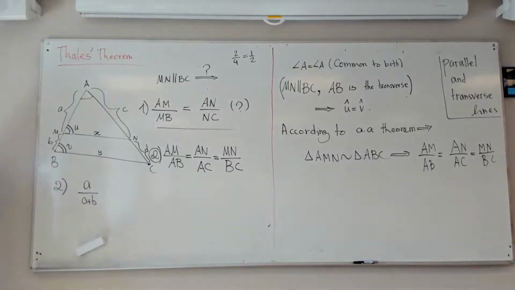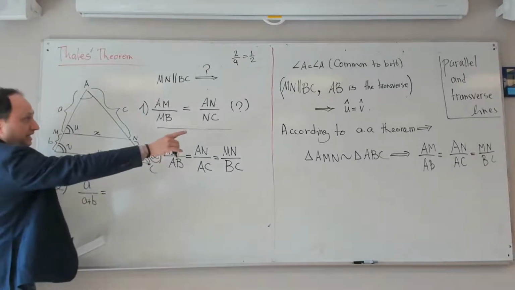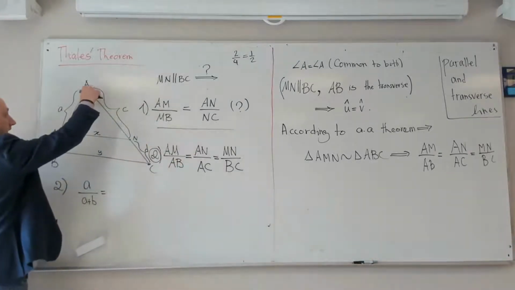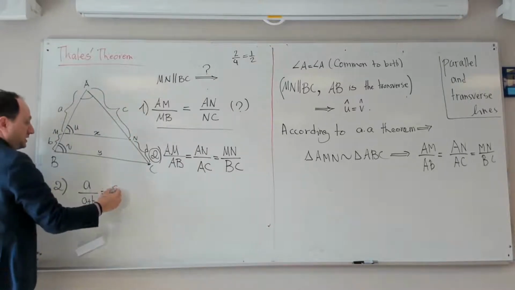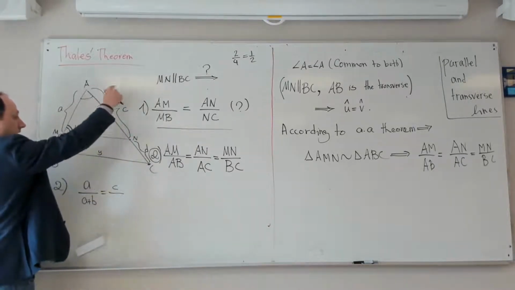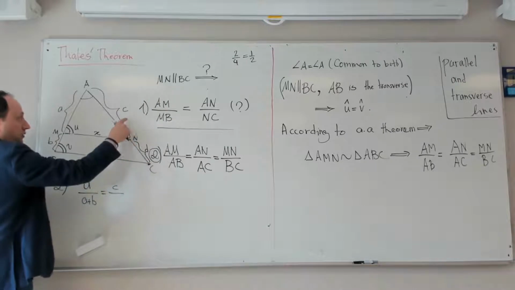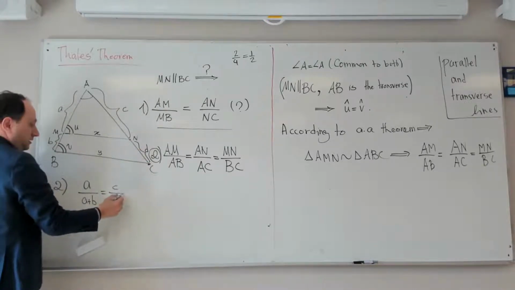And then on the other one, AN over AC. AN is C, and AC is C plus D.